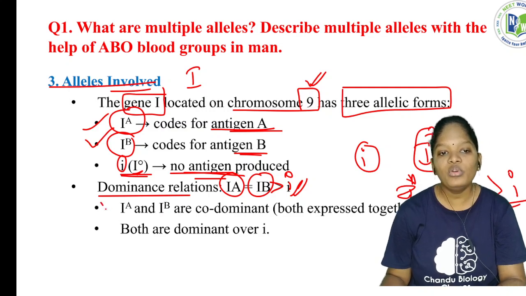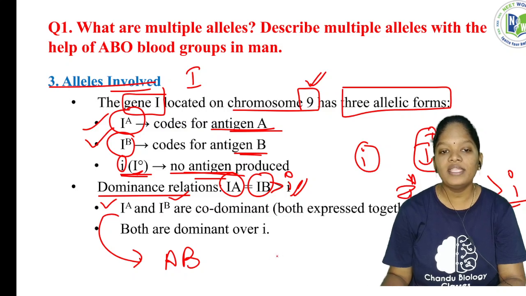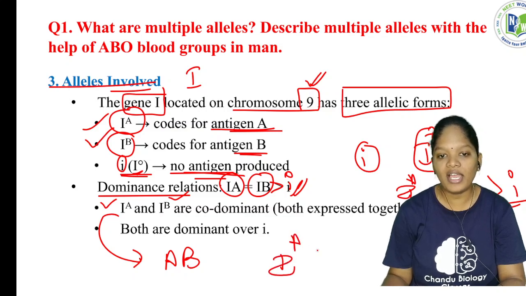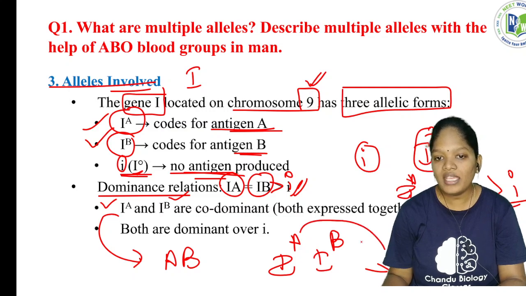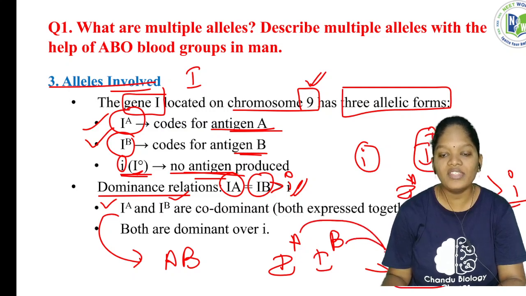As both IA and IB are dominant, if both are present, that particular person has the AB blood group. Just listen to me. If IA and IB are present, that person has the AB blood group. As IA is expressed and IB is also expressed together, they have the AB blood group.